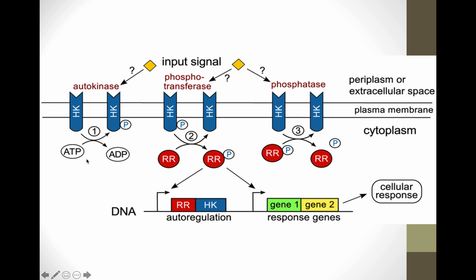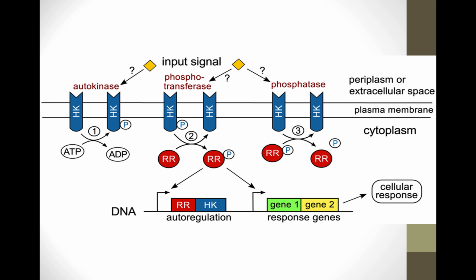Now for the autokinase over here, there is no response regulator, because usually the histidine kinase has to be autophosphorylated first. So we have two cases over here after the signal has been transmitted to the response regulator. They will produce signals, for example either autoregulation or a response gene.